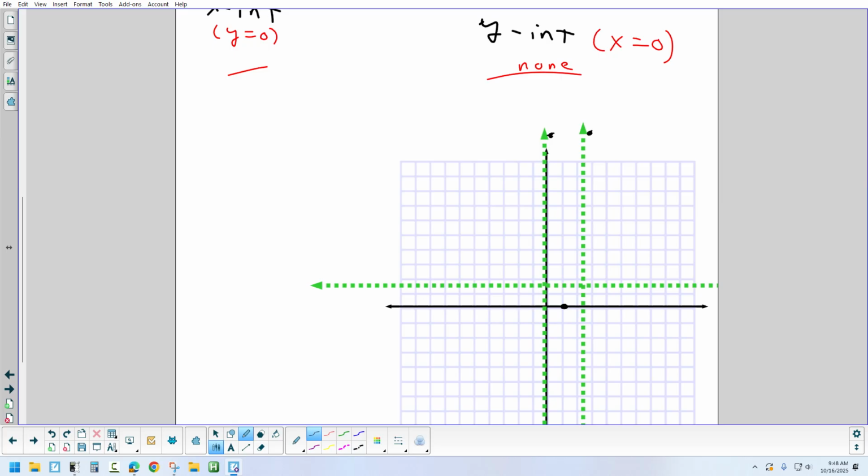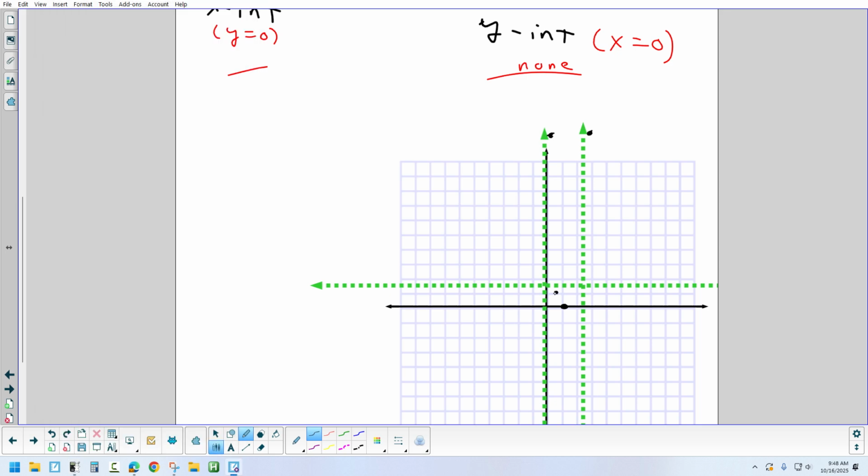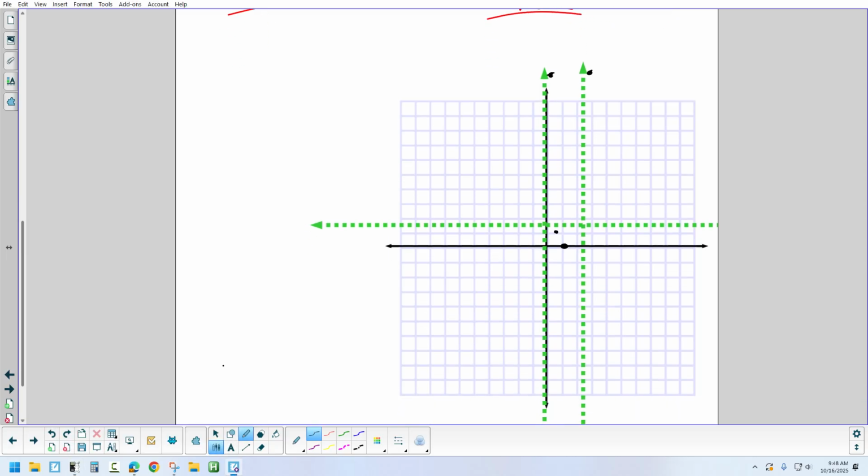Let's also do 0.5, a little above 1. And let's do, well, 2 might be too far down. No, I can do 2. 2, negative 5.